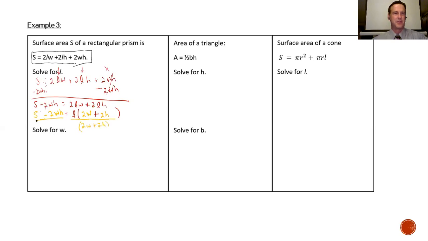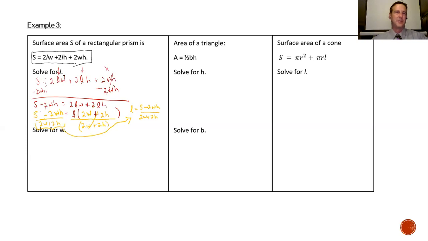And then I'm going to do that over here too. 2W plus 2H. Those will go away. And you got L is equal to this last piece, S minus 2WH all over what you have on the bottom, 2W plus 2H.